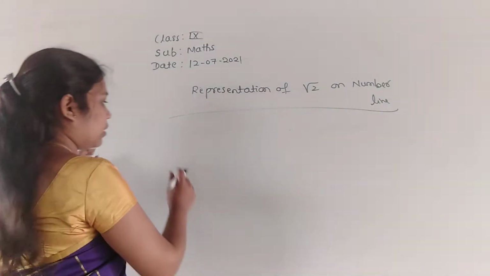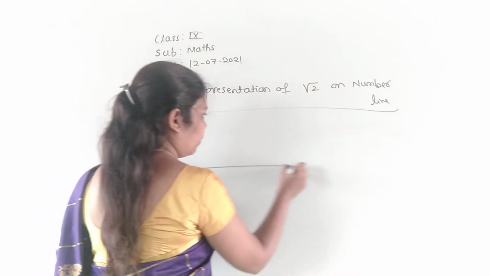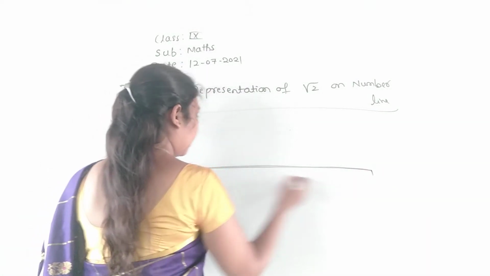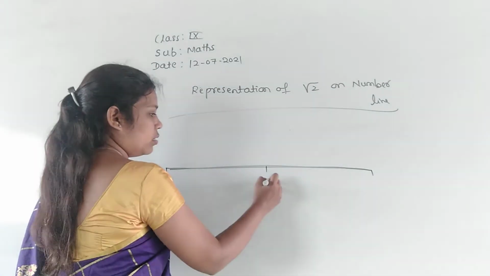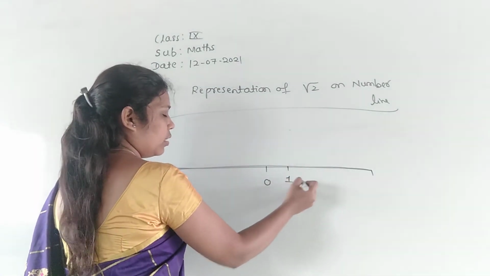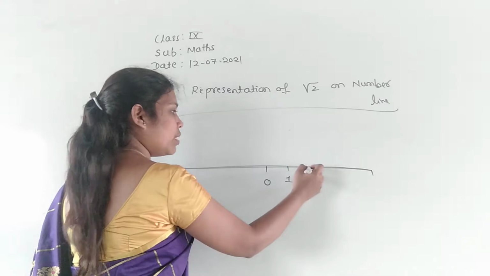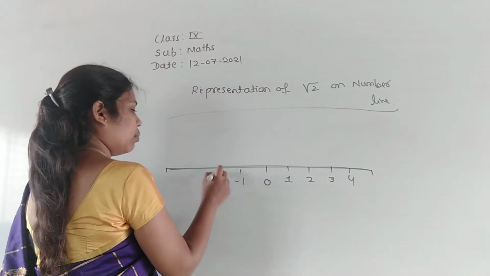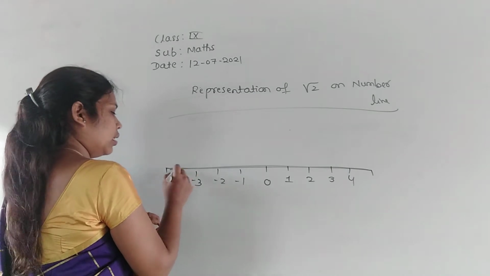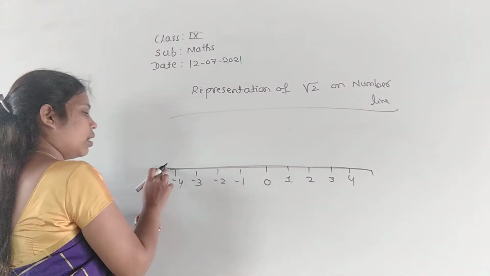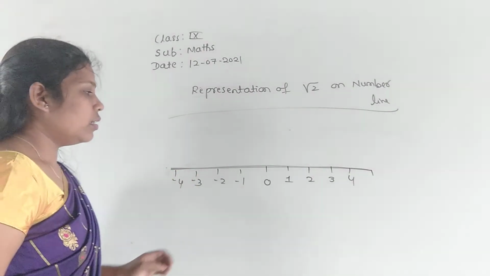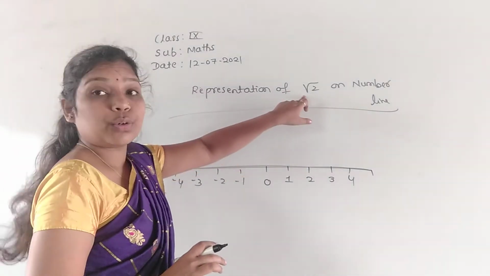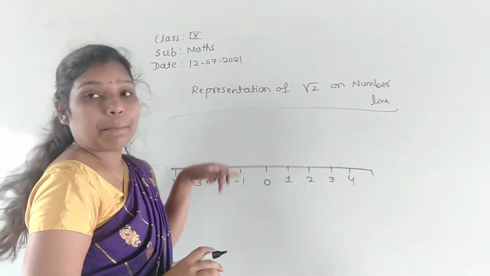Everyone look at the board. This is our number line. Here is 0 in the middle, the right side of 0 will always be positive values, and the left side negative numbers, like minus 3 and minus 4. Now we have to represent root 2 on this number line.